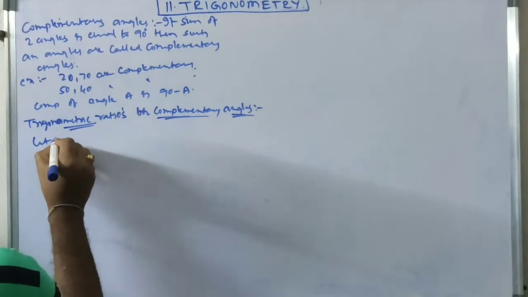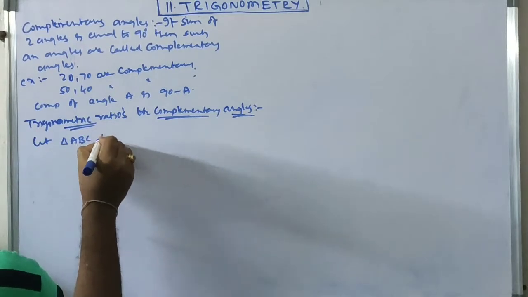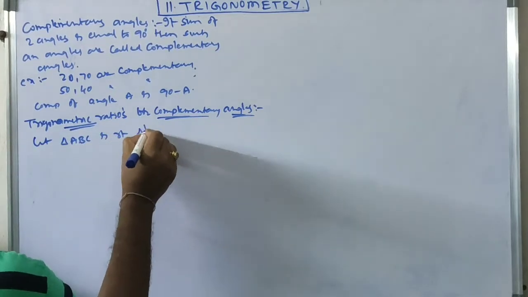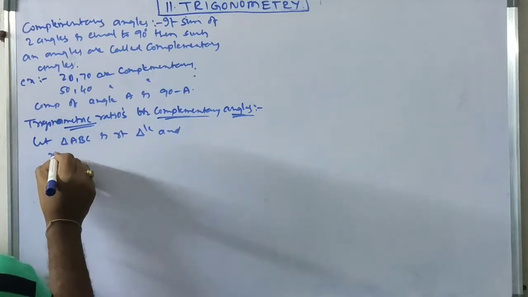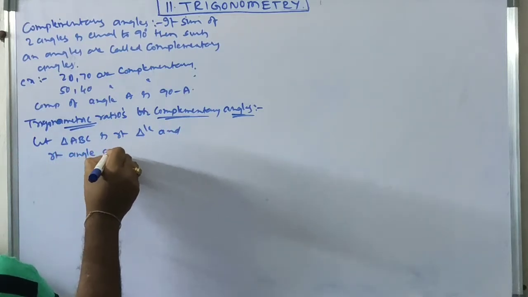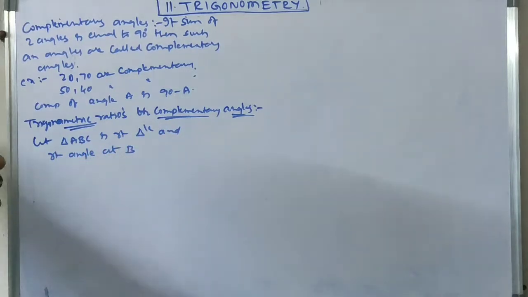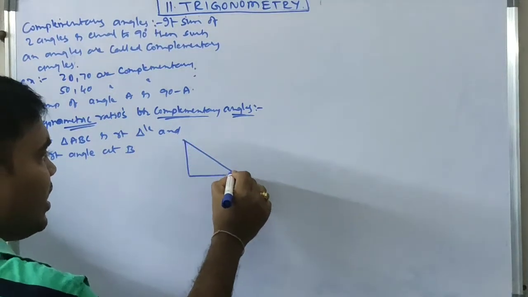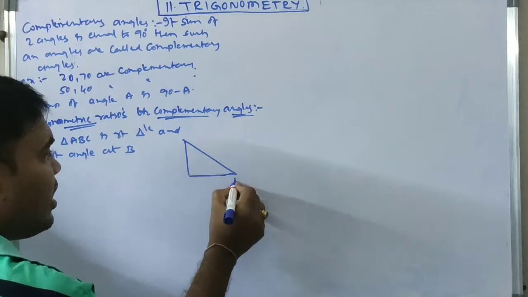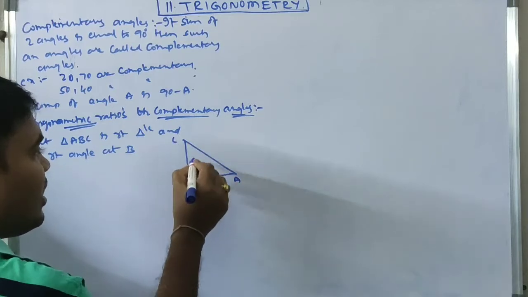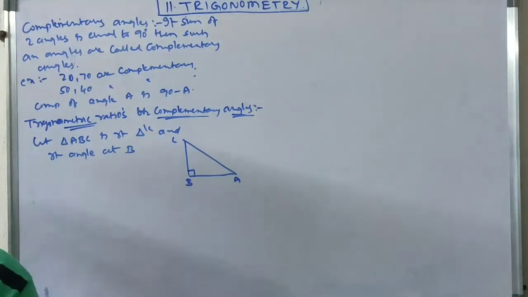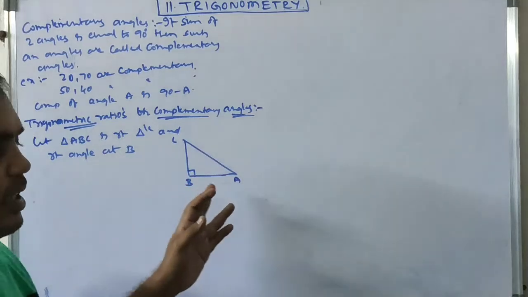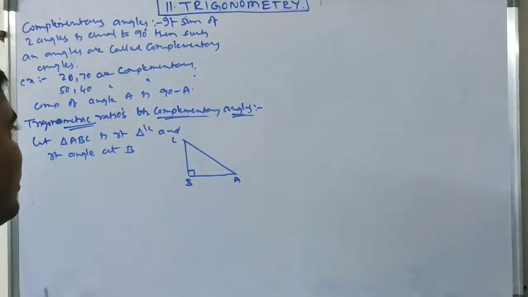Let triangle ABC be a right triangle with the right angle at B. So this is right angle triangle ABC, right angle at B.